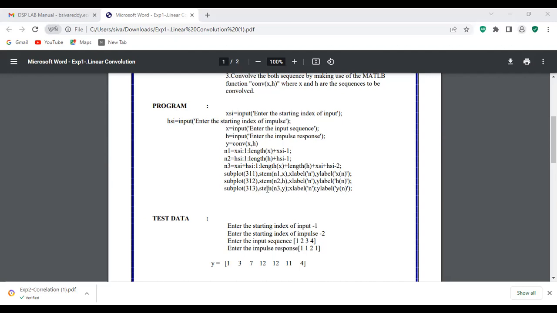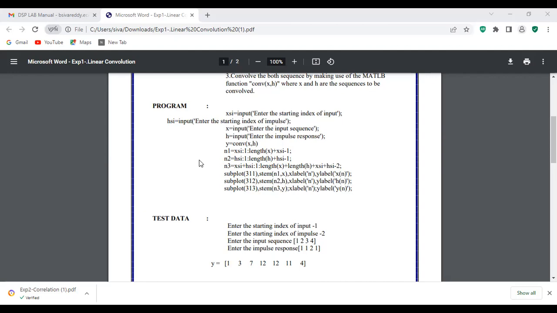So n1 is up to 2. Similarly, n2, you can find using hsi. Here hsi is -2 : 1 : length of h plus hsi minus 1. The length here is also 4, so 4 plus (-2) minus 1, therefore 4 minus 3, it will be 1.